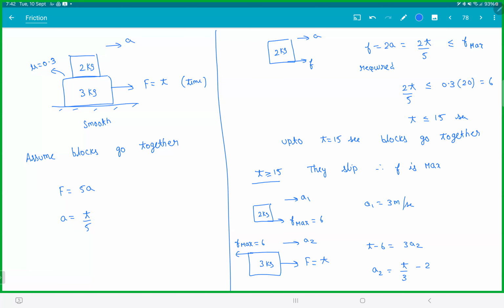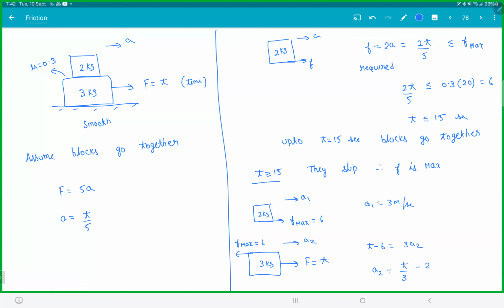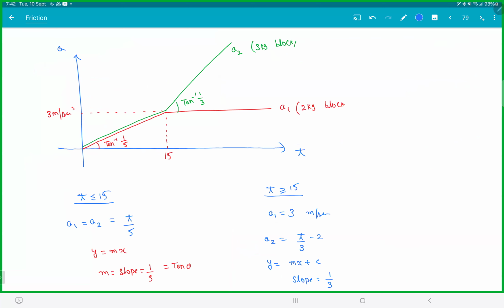But after 15, they'll slip. So what to do? After 15, draw the new FBDs because they're slipping. So you find the accelerations before 15 and after 15. Clear? Once you got this, the graph is simply maths. Physics got over here. And if you see, all are straight lines only, y is equal to mx plus c. So the lines will diverge.